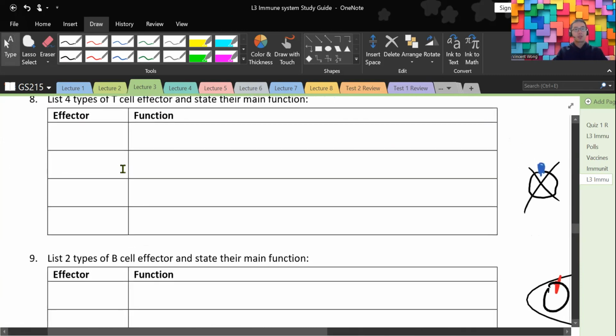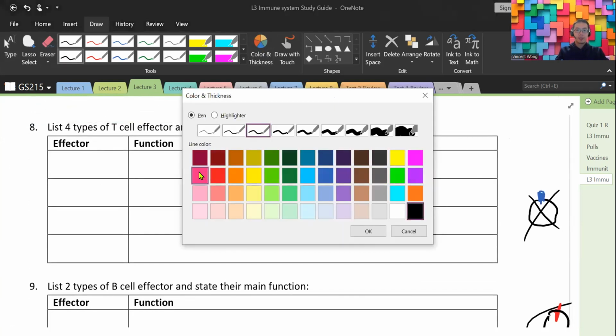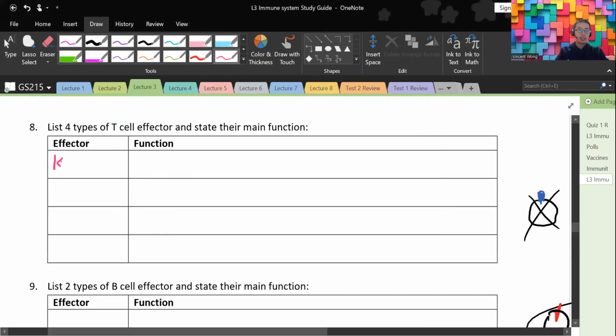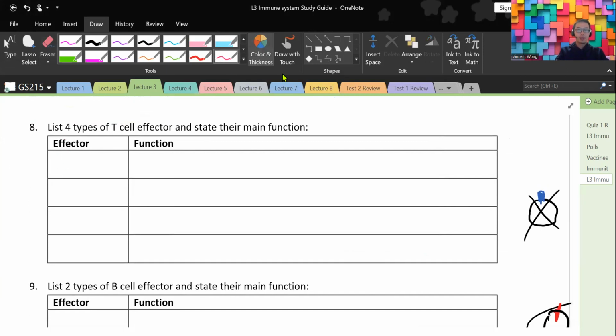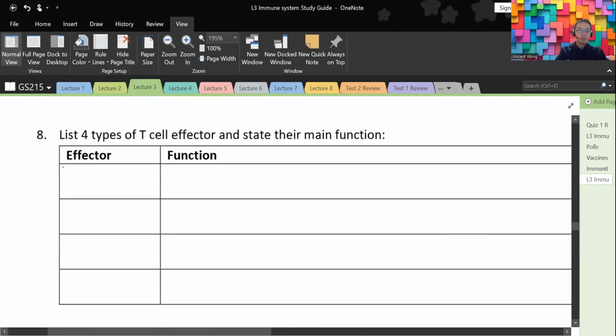So the effectors, what can those T cells become? They could become, for example, a killer T cell, not to be confused with the natural killer cell. Also known as cytotoxic T cell. Both are okay, that's the same thing.